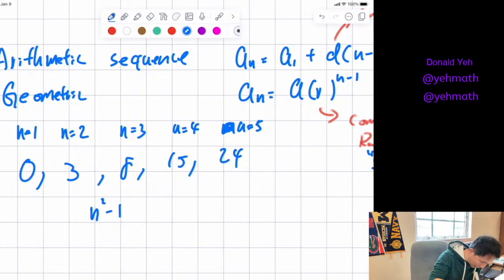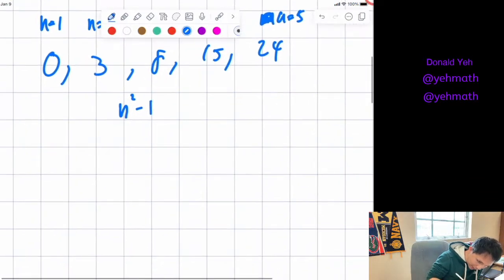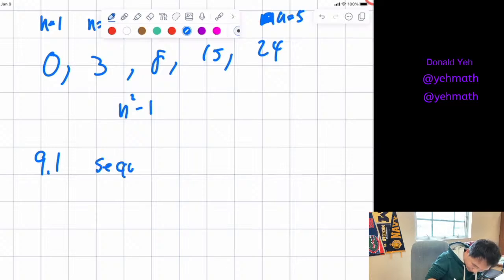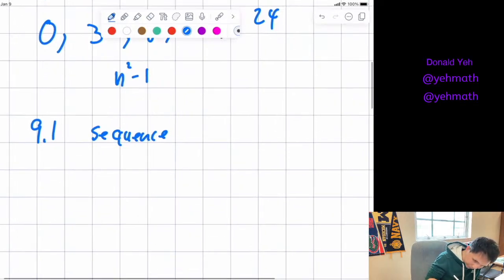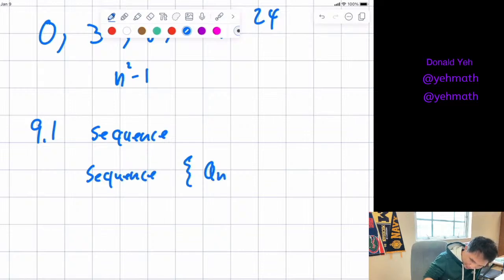So here's the notation. We're going to start with a sequence. So 9.1 is the sequence, and that's the pre-understanding. Usually for a sequence, we're going to denote it like this. I don't know how to draw a brace, but this is a brace. It's a set of terms.